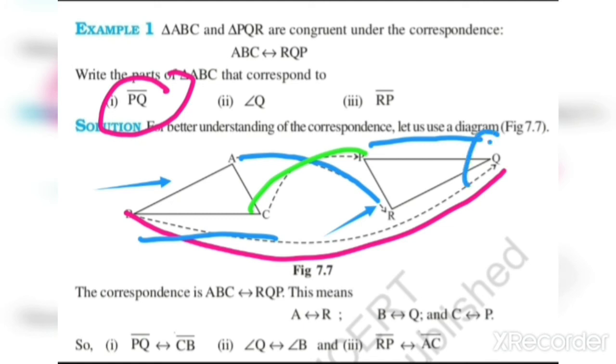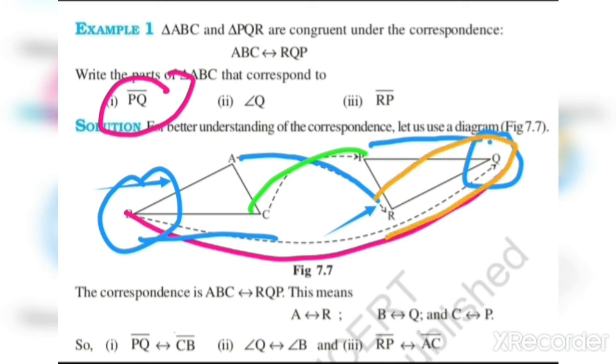Angle Q, angle B, and RP. Here we have RP. Find out the corresponding vertices and you will be able to find out the side AC. In this way, we can find the corresponding angles and sides from the given triangles.